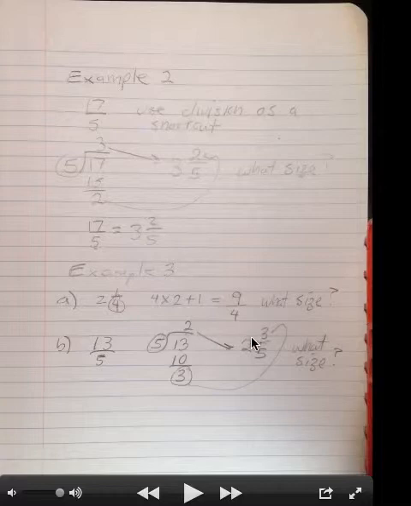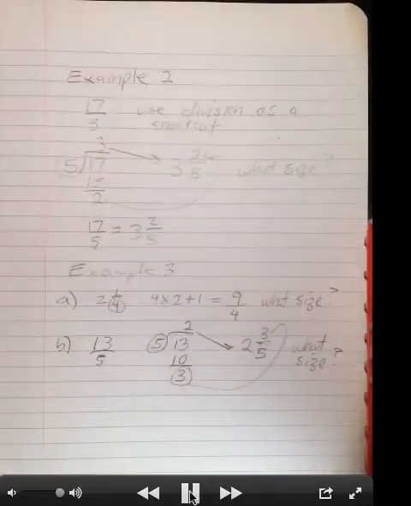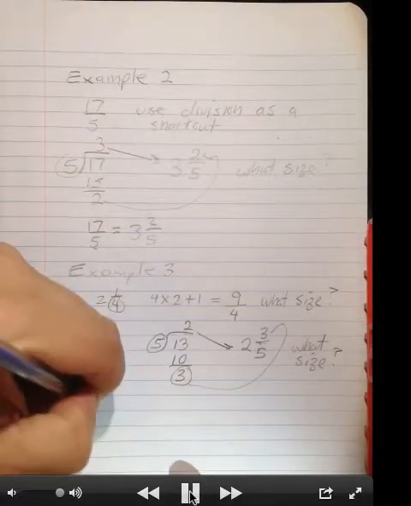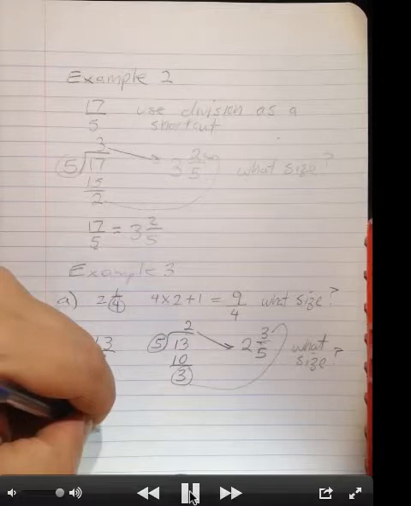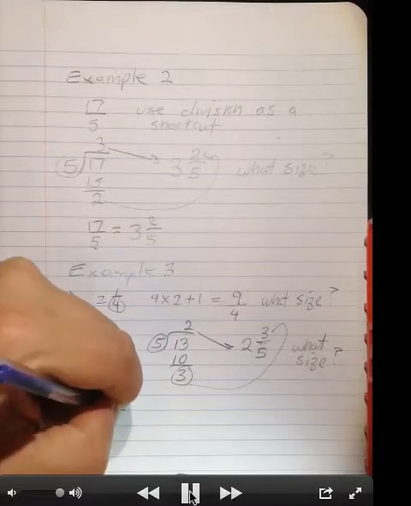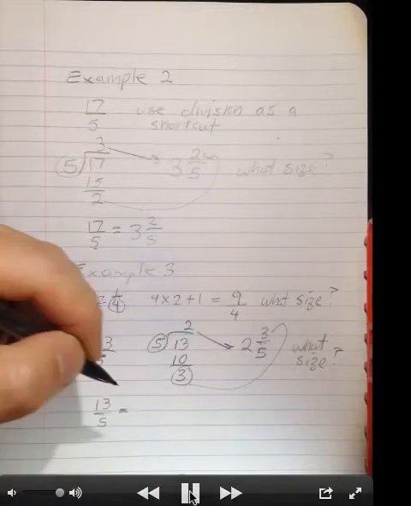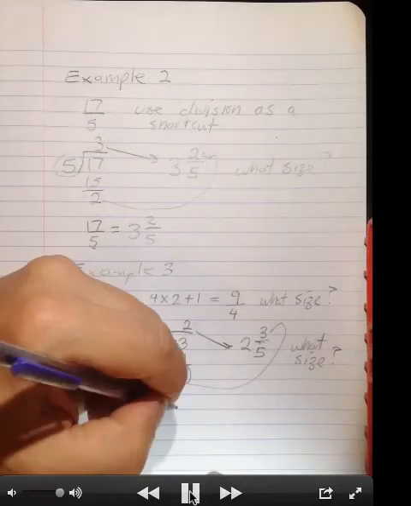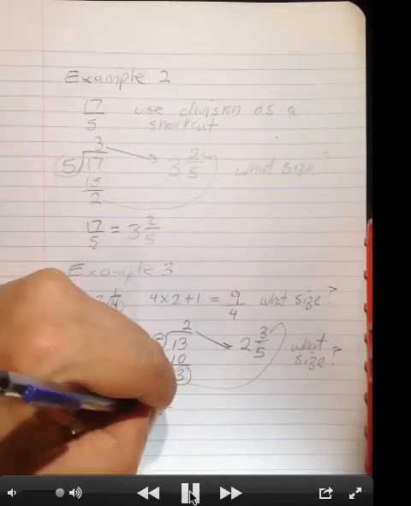That gives us 2 whole groups. 3 left over. The size is fifths. So 13 fifths is equal to 2 and 3/5.